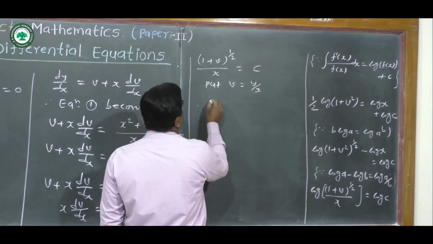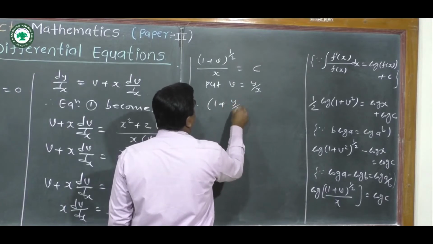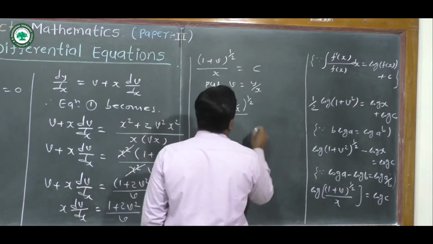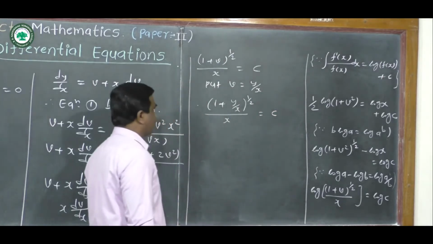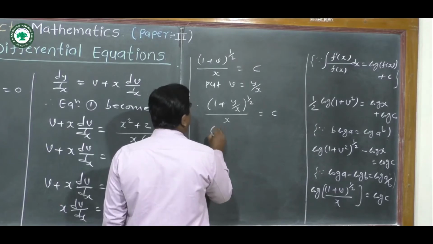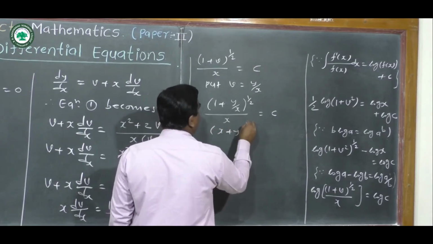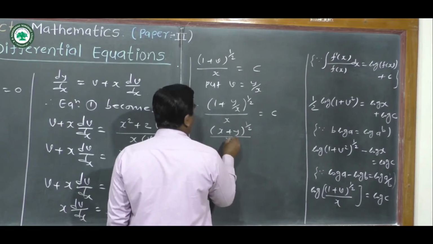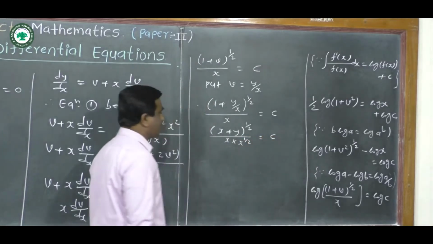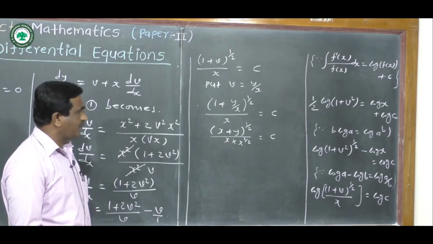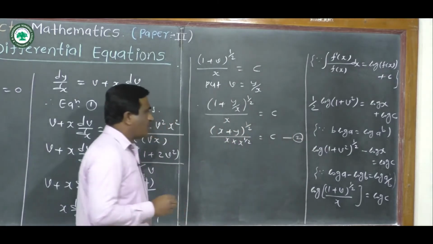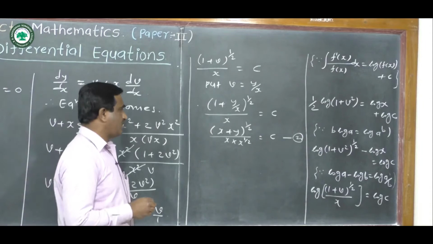Therefore we can write here (1 plus y upon x) raised to 1 by 2 upon x is equal to C. That is, we can write here (x plus y) raised to 1 by 2 upon x raised to 1 by 2, into x raised to 1 by 2, is equal to C. Okay, now this is the general solution for the given differential equation.